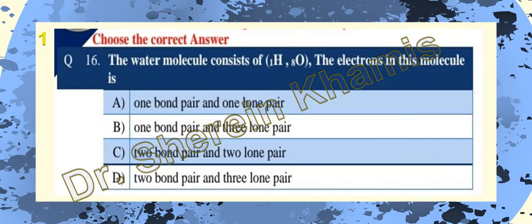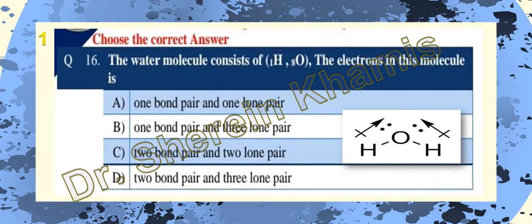Question number 1 says: choose the correct answer. The water molecule consists of H, with the atomic mass of hydrogen 1, and oxygen 8. Looking at the molecule of water, we have the oxygen atom, and in the outer energy level we have 4 pairs of electrons giving 8 electrons.